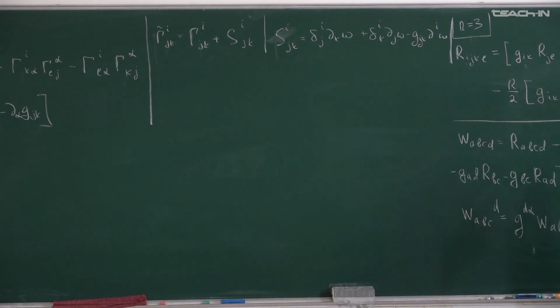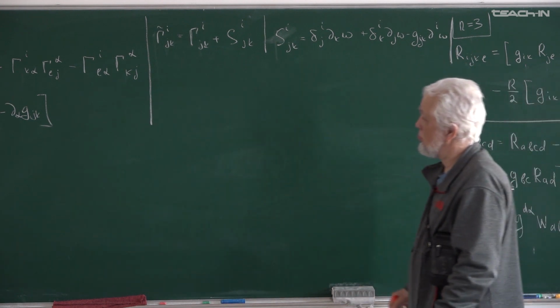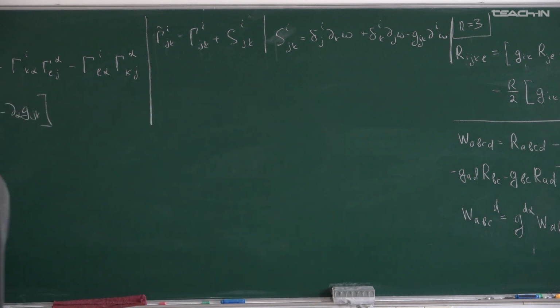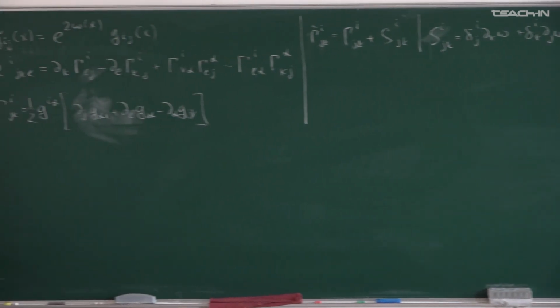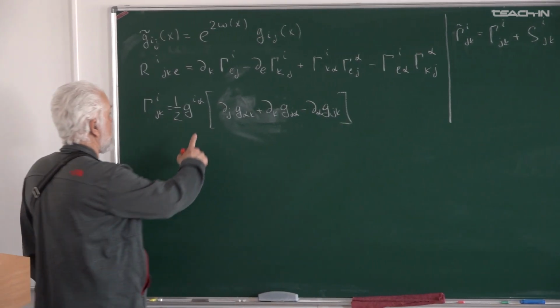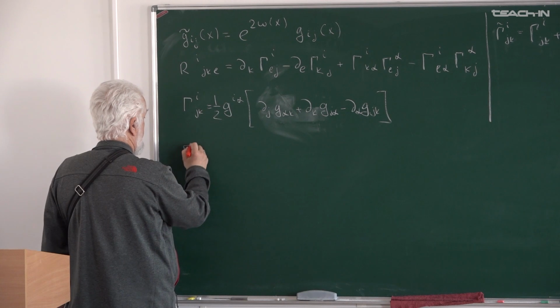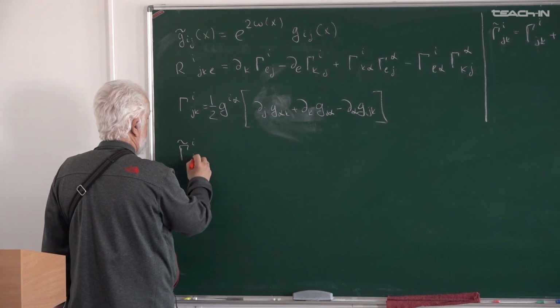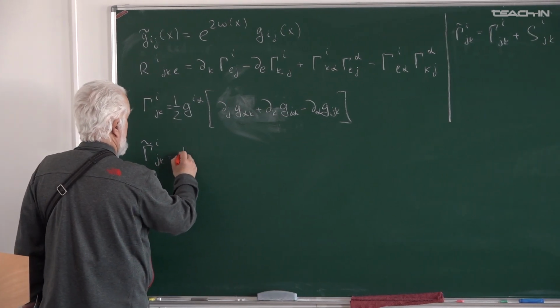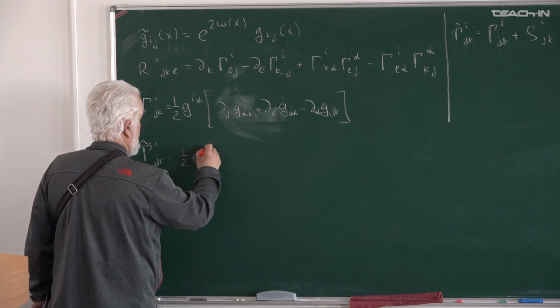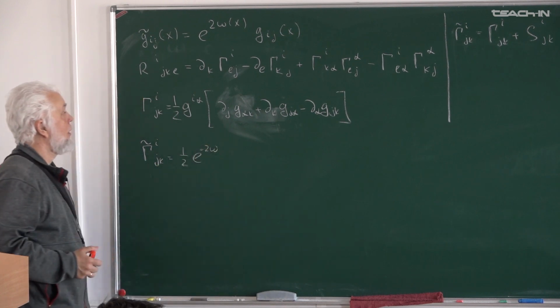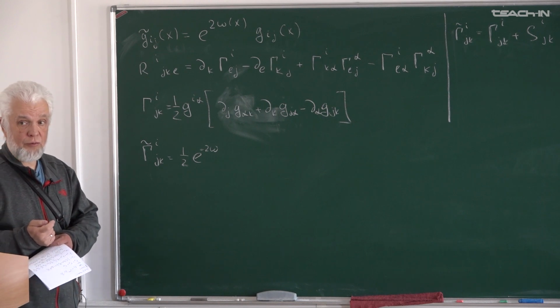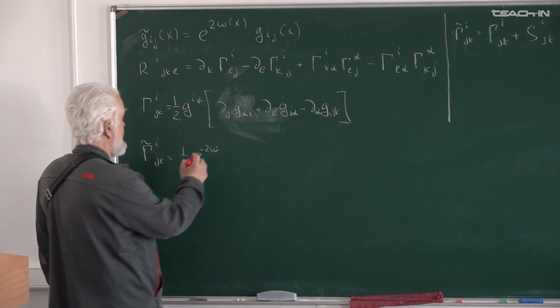Let us check the following formula. How to prove it? The proof is very straightforward. So we make the following transformation. What happens? Gamma tilde_{ij} is 1/2 e to omega. I don't write the dependence on the coordinates. It's okay.